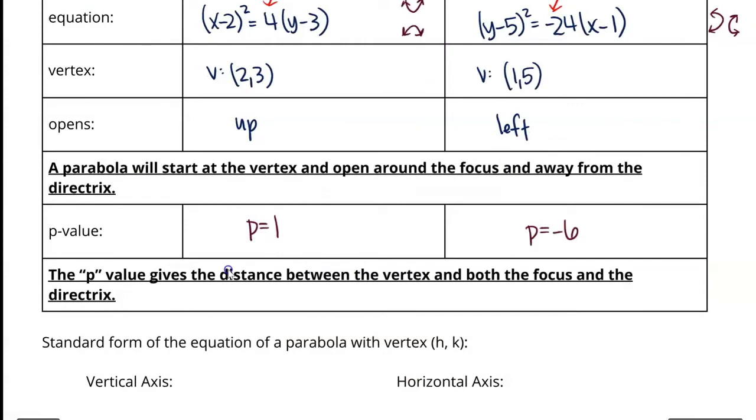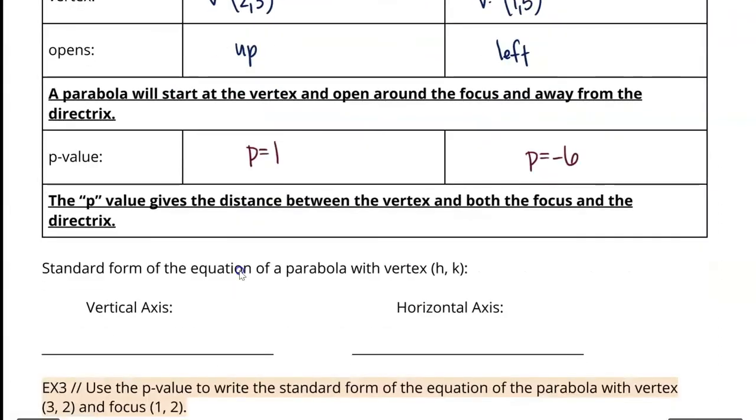So in the general forms of these, if we have a vertical axis, which means the parabola will open up or down, typically you will see all the x stuff is on the left, and then you complete the square if you need to and get that as a binomial in terms of x that's squared.